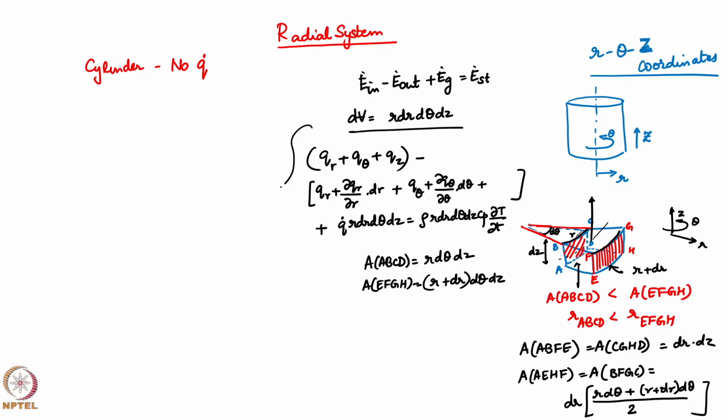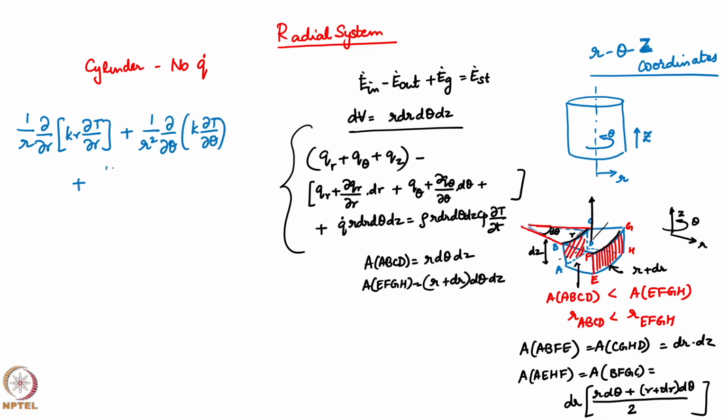So, this is your setting up of the diffusion equation, and once you go through the maths, which we are not going to derive here, we will get the energy equation in cylindrical coordinates: 1 by r d by dr of (k r dT by dr) plus 1 by r square d by d theta of (k dT by d theta) plus d by dz of (k dT by dz) plus q dot is equal to rho Cp dT by dt.